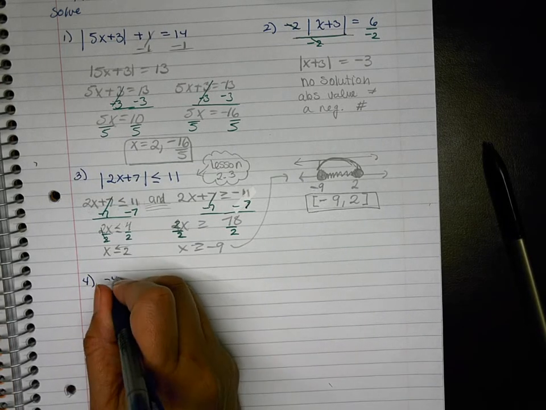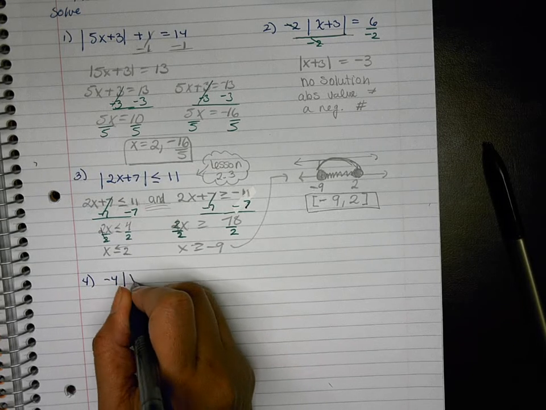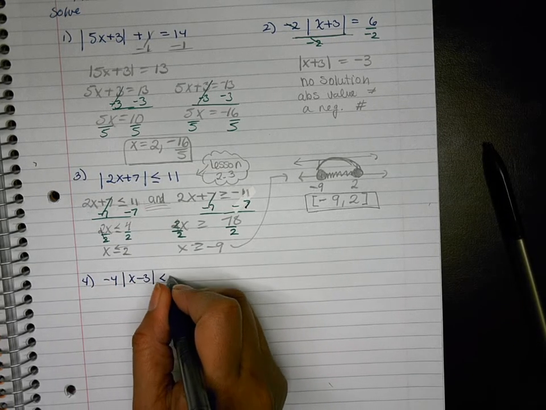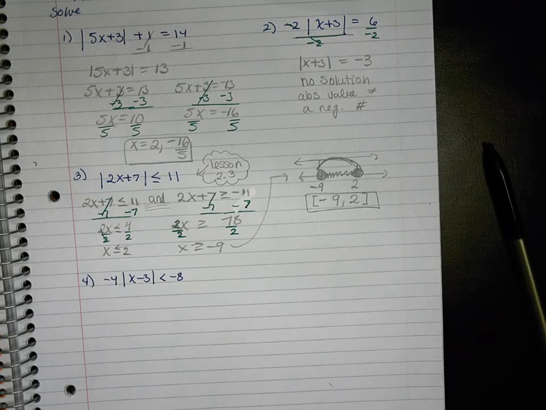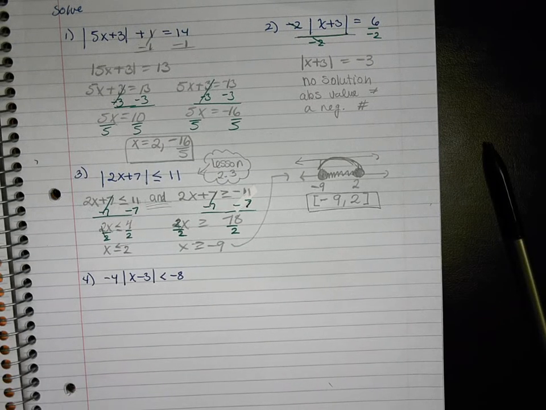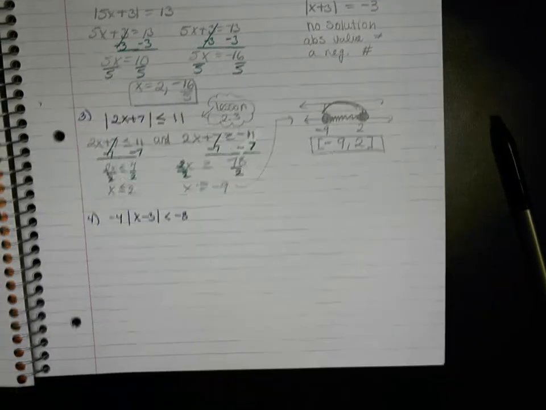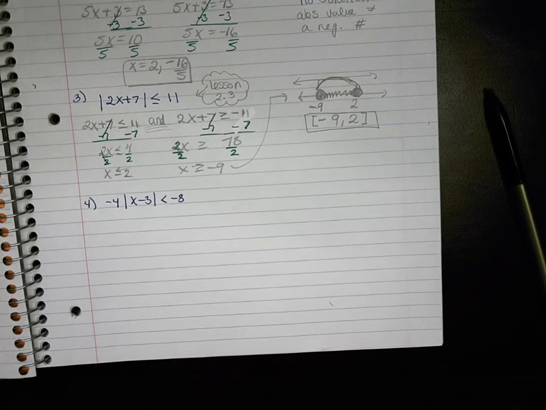-4 times the absolute value of x minus 3 is less than -8. Okay, now before you go on and say, oh, no solution, blah, blah, blah, because of the negative, you have to isolate first. And what am I going to divide by when I isolate?